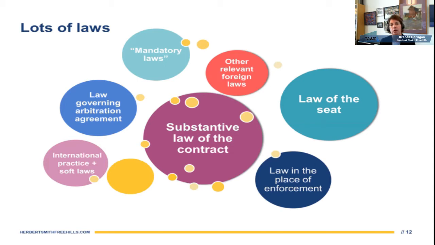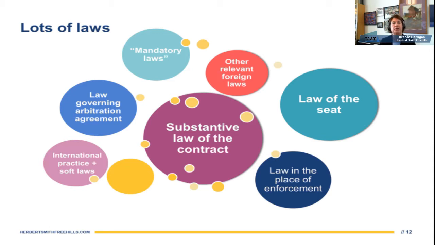So usually the parties will have selected a substantive law to govern the contract. That may or may not be the same law that governs the arbitration agreement. The arbitration agreement is severable from the main contract. It's a contract within the contract. And so it may be that the law of the arbitration agreement is in fact the law of the seat, which is different from the substantive law of the contract.